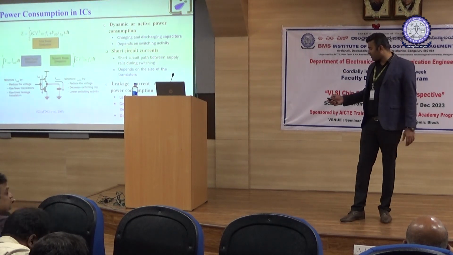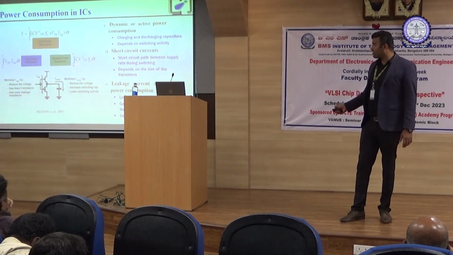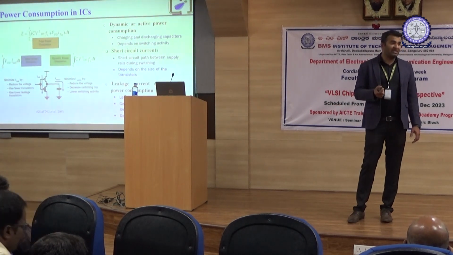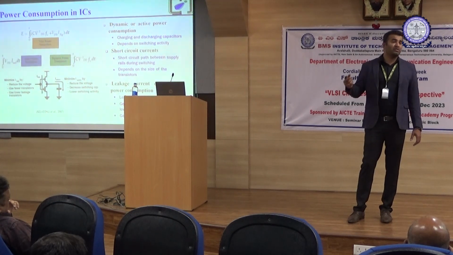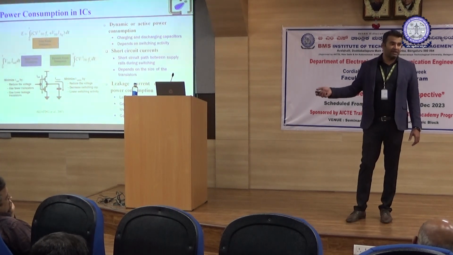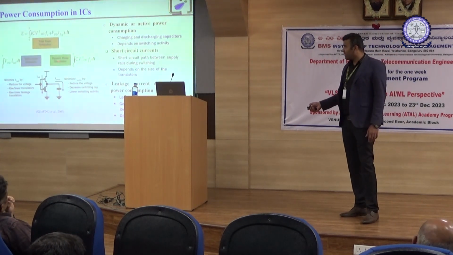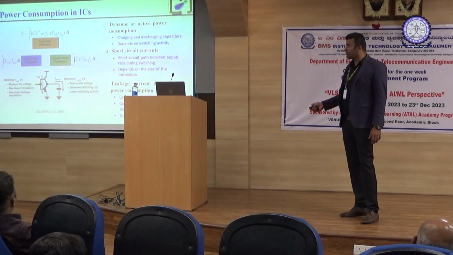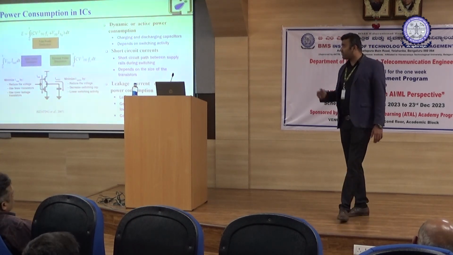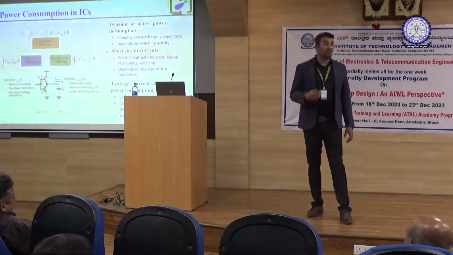Similarly, the dynamic power consumption can be controlled by VDD. We can use less VDD. For example, if we are using a 5 volt VDD and instead I use a VDD of 0.8 volt, the power consumption will definitely reduce. So this is related to dynamic power consumption, which cannot be neglected. And static power dissipation comes into the picture whenever we are going for short channel devices.